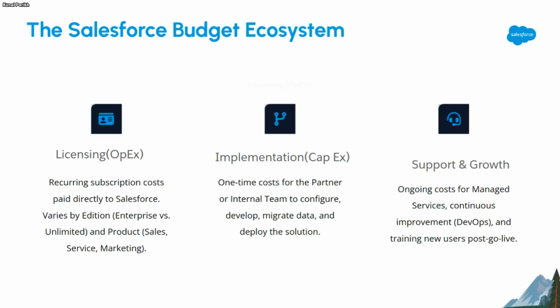The second is the capex or the implementation cost. This is where the partners or the team who are going to implement the solution for the customer or the prospect come in; this is the partner cost. This is purely based on effort typically.